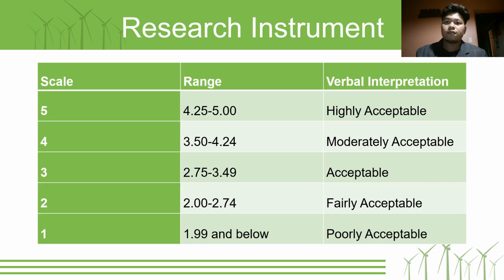Upon gathering of information through survey, results may show if it is poorly acceptable, fairly acceptable, acceptable, moderately acceptable, and highly acceptable with a scale of 1 to 5, wherein 5 is the highest and 1 is the lowest.